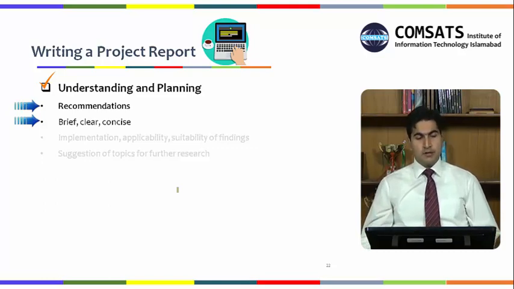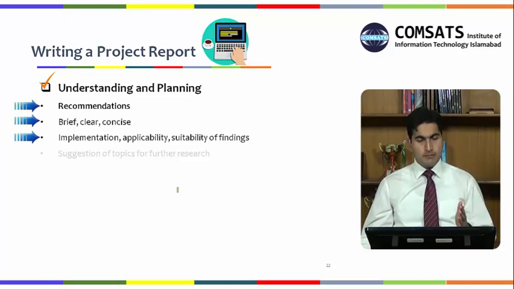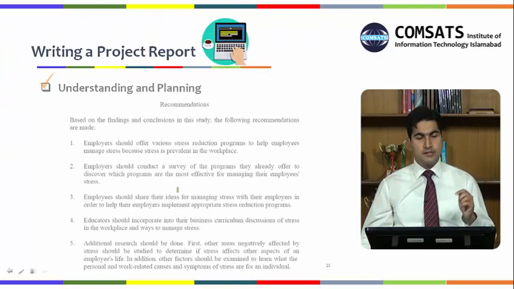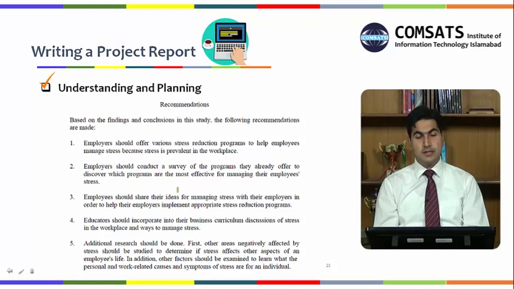While writing these recommendations, you have to keep in mind their implementation, how applicable they are, and how suitable the findings are. This should also suggest some topics for further research. These should be the components you see within your recommendation section. That's the way you write them.